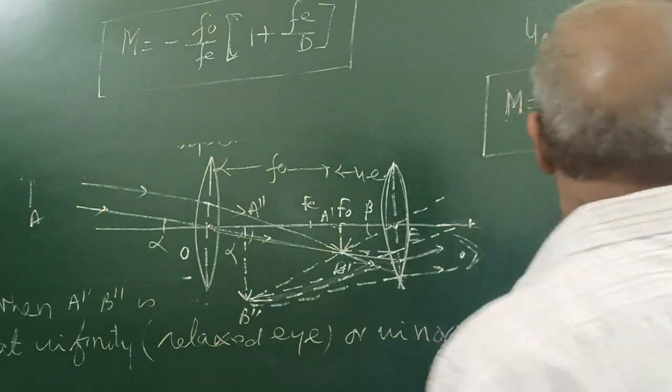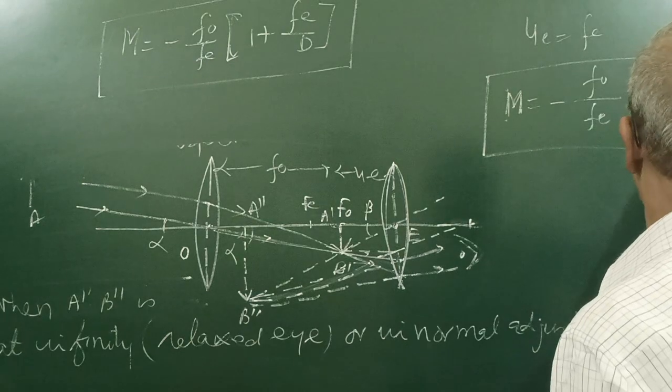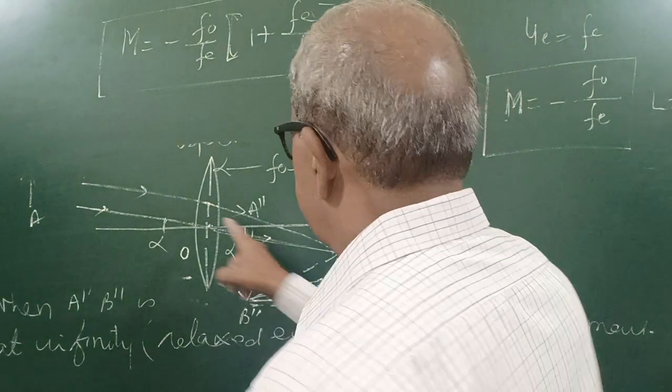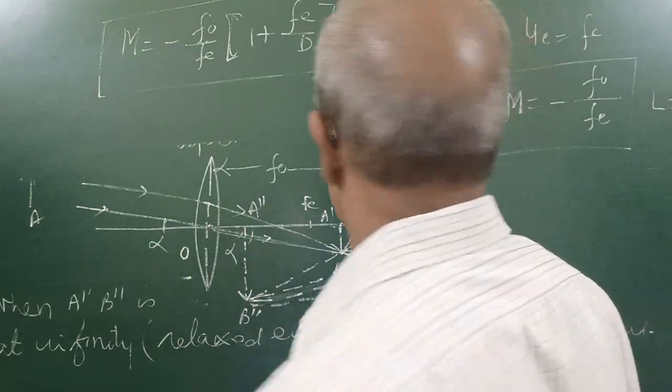So here in this case L is equal to FO plus FE, where L means the distance between the objective lens and the eye lens.